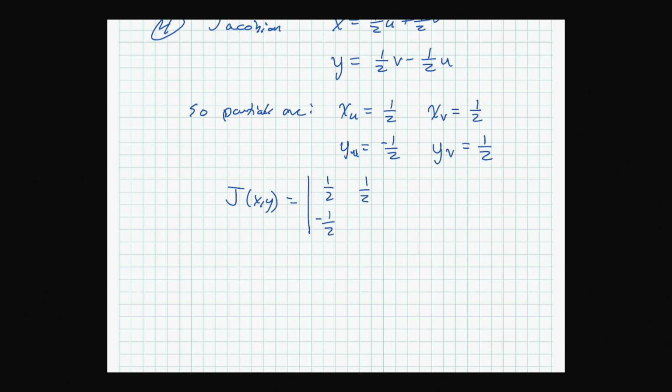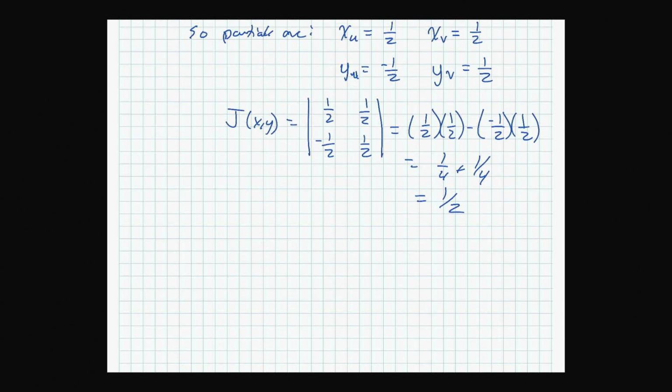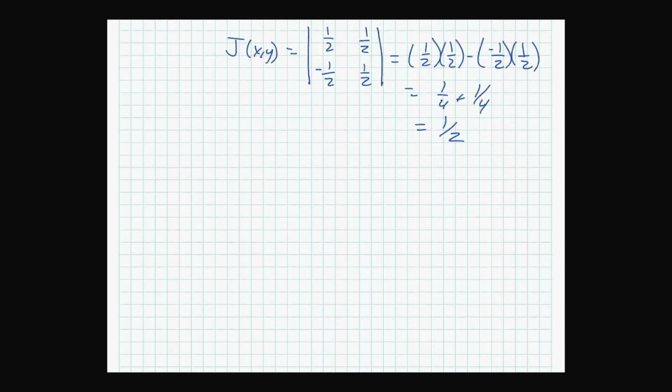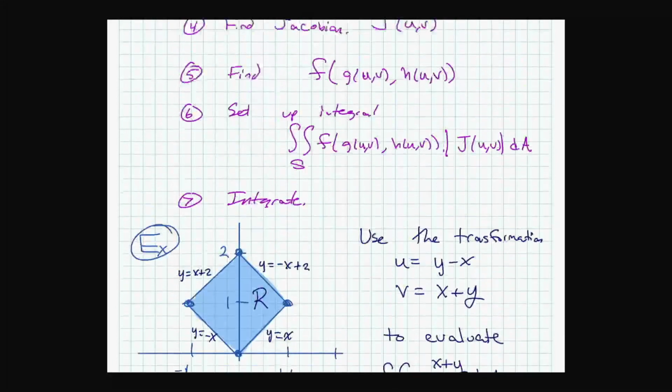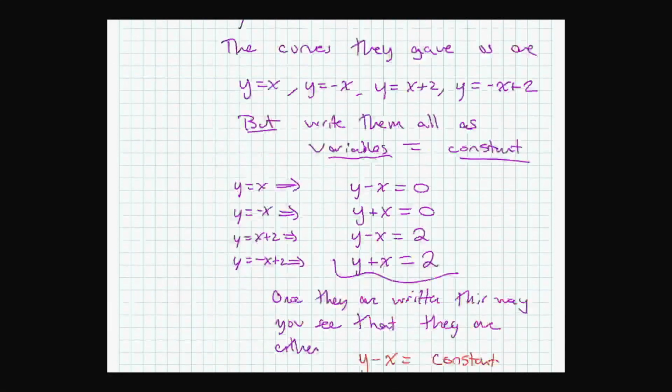Bottom row is y, negative 1/2, positive 1/2. You work this out, it's 1/2 times 1/2 minus negative 1/2 times 1/2. So it's a quarter plus a quarter, which is a half. Sometimes the Jacobian is just a constant, sometimes it's not. With that said, we should be able to set up our integral now.